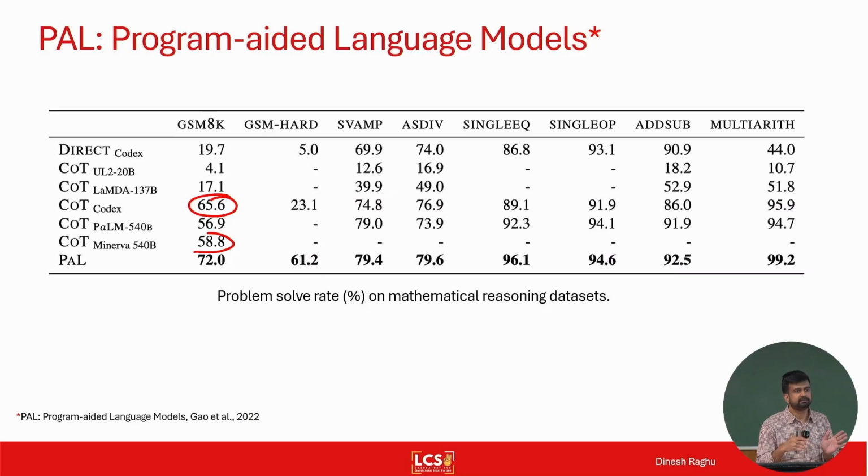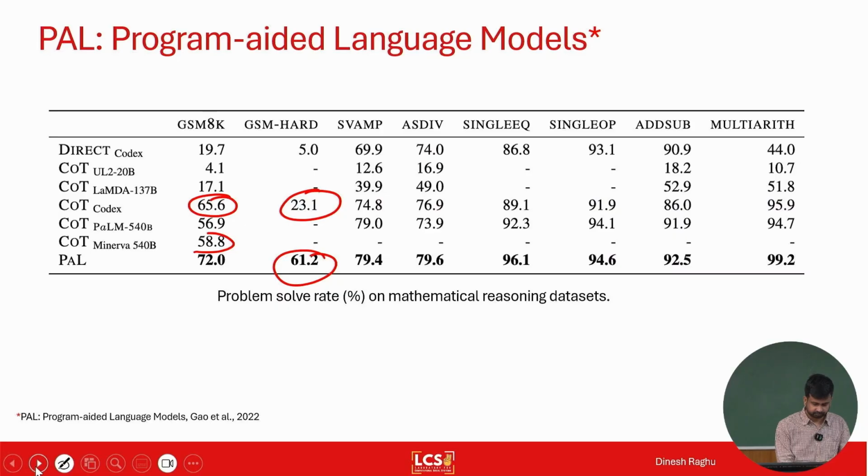And a little more than 50% of GSM 8K data was only single-digit arithmetic. So they say that I will systematically create a hard version where I will replace single digits with like 6-digit, 7-digit numbers, and then they show that the performance drops drastically, whereas the performance of program-aided language models did not drop that much, right? So it shows better generalization.